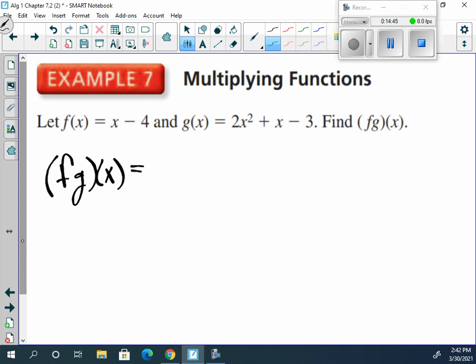F times g of x. What this is saying is that we have f of x and we're multiplying it by g of x. F times g of x. So it's f of x times g of x. We're multiplying the two functions together.